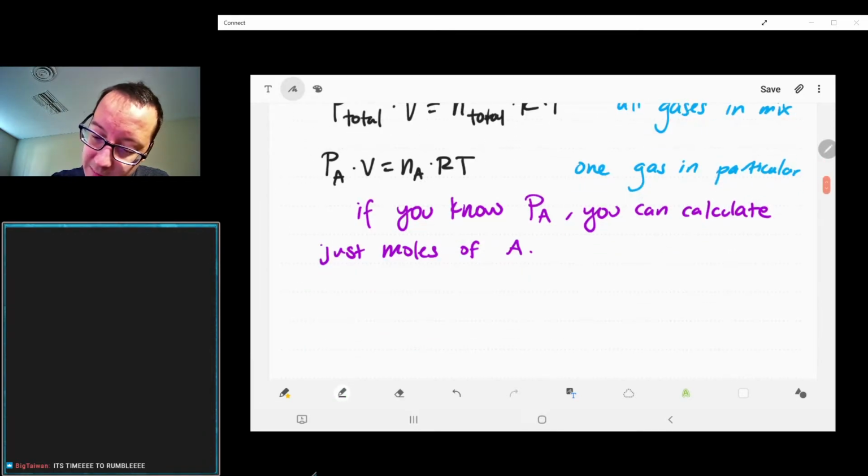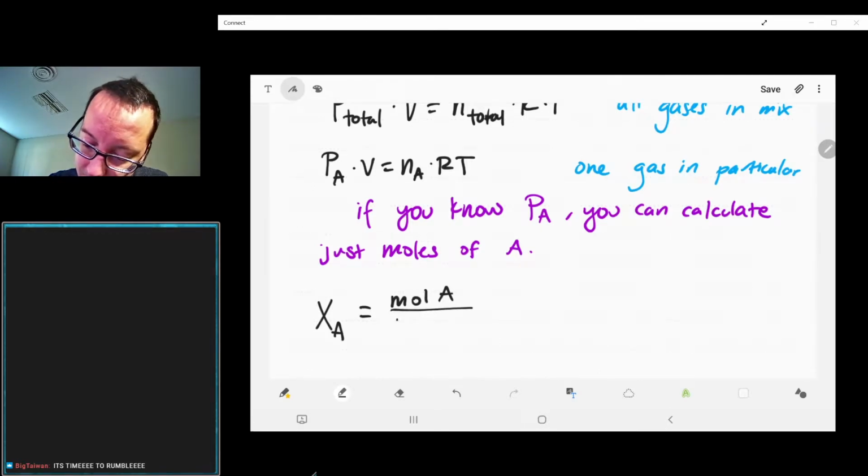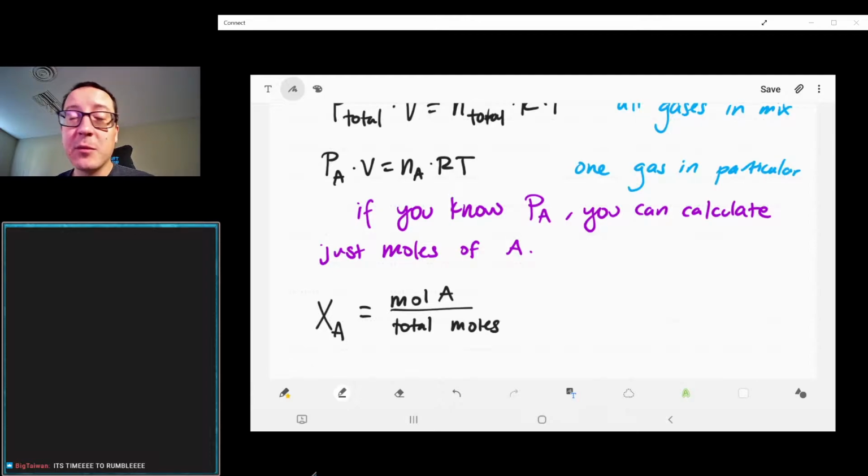So, we looked yesterday at this idea of what's called a mole fraction. For whatever your substance A happens to be, we did it for air yesterday, but we can do it for something else.